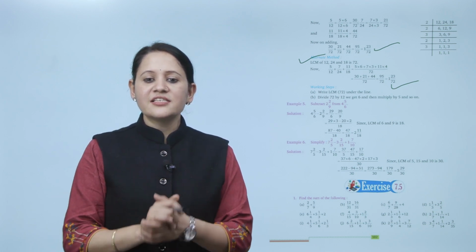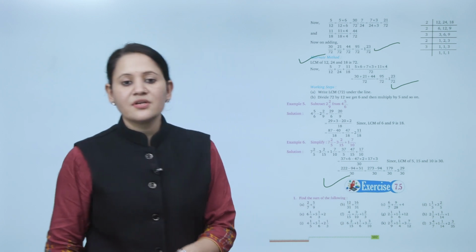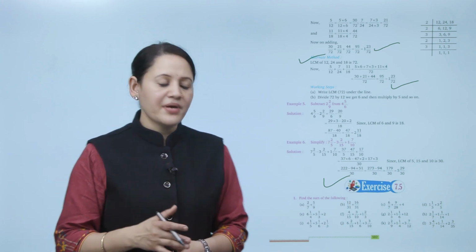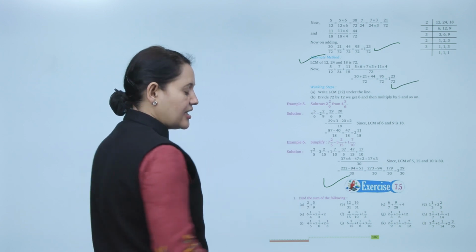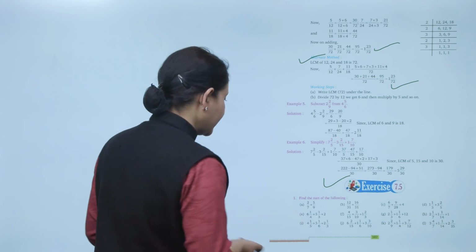Next is exercise 7.5. Find the sum of following. First is 2 by 7 plus 5 by 9. Here they are unlike fractions, so first we'll convert into like fraction by taking the LCM.